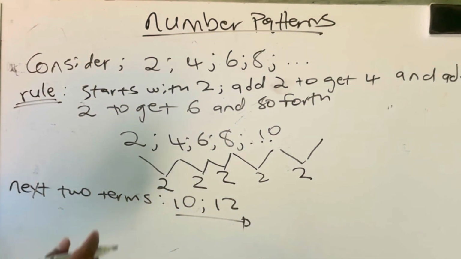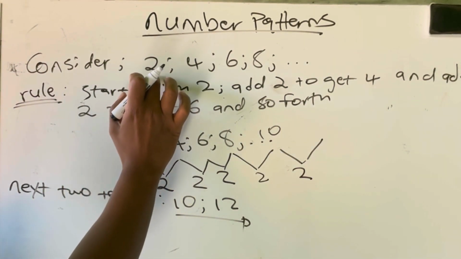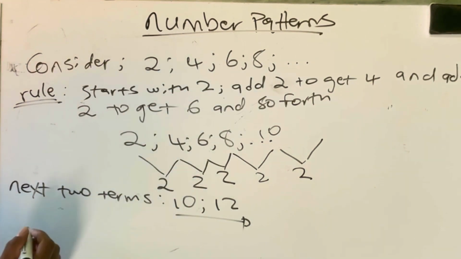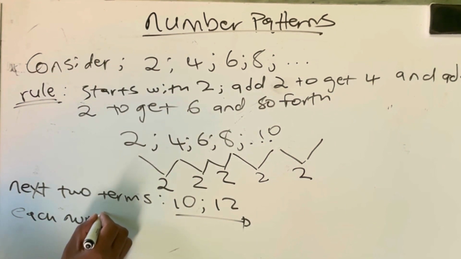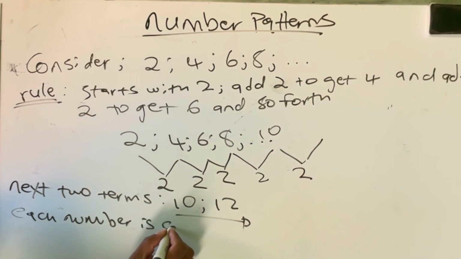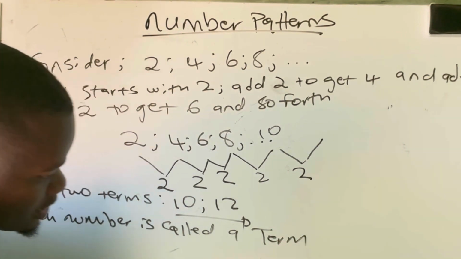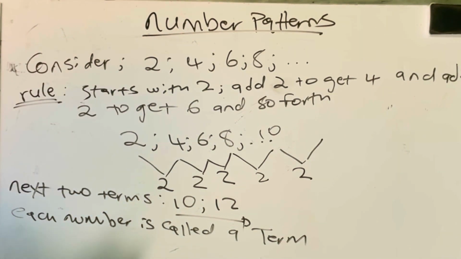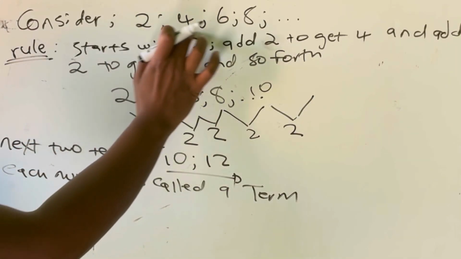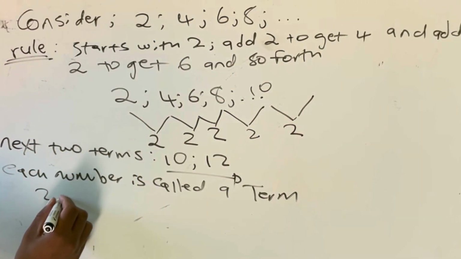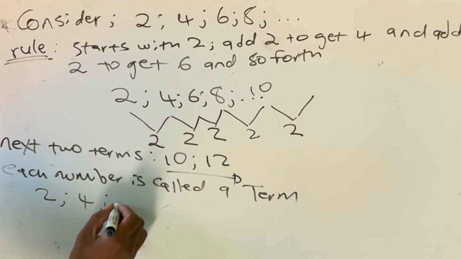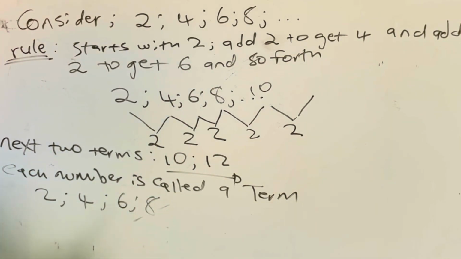When you are doing number patterns, each number in a pattern is called a term. Okay? So each number will be called a term. Taking from this example, you have 2, 4, 6, 8.